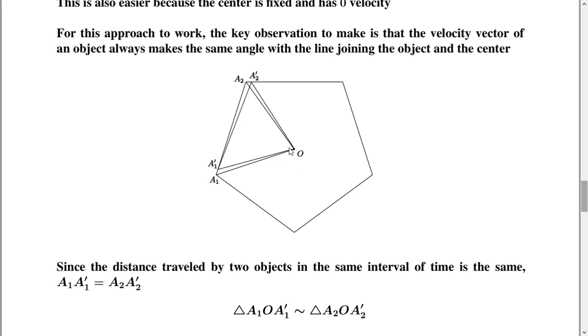Both are isosceles triangles, and the apex angles are the same for both, and therefore the base angles should also be the same, which means angle OA1A2 must be equal to angle OA1 dash A2 dash, which is what we are trying to show. The angle between the velocity of the object and the line joining the object with the center is a constant throughout the motion. If you couldn't understand, just pause the video and try to realize it for yourself. It's quite easy.